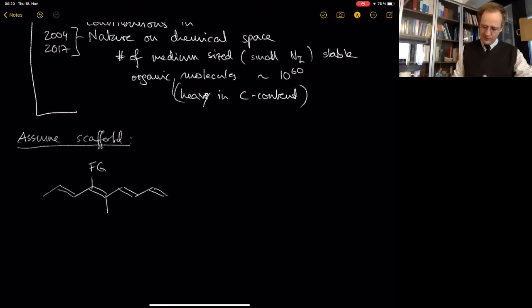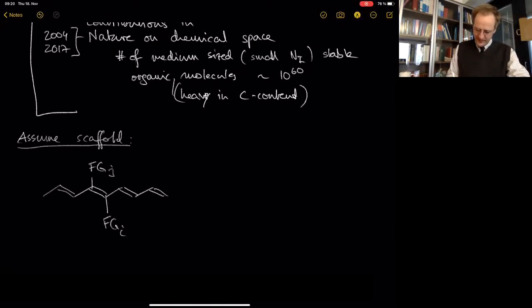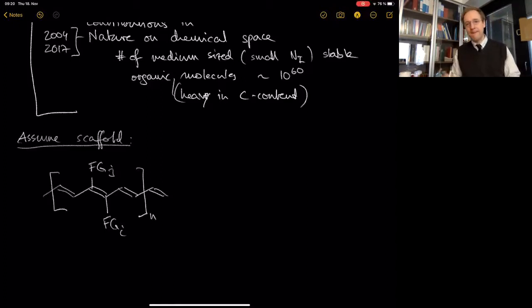This could be a functional group I, and suppose there's a polymer. So we suppose that this is maybe a sort of repeating unit, right? So it doesn't have to be a finite system. It can also be in the condensed phase, right? So then you could easily imagine, right, that we have basically here the number of sides is 2.